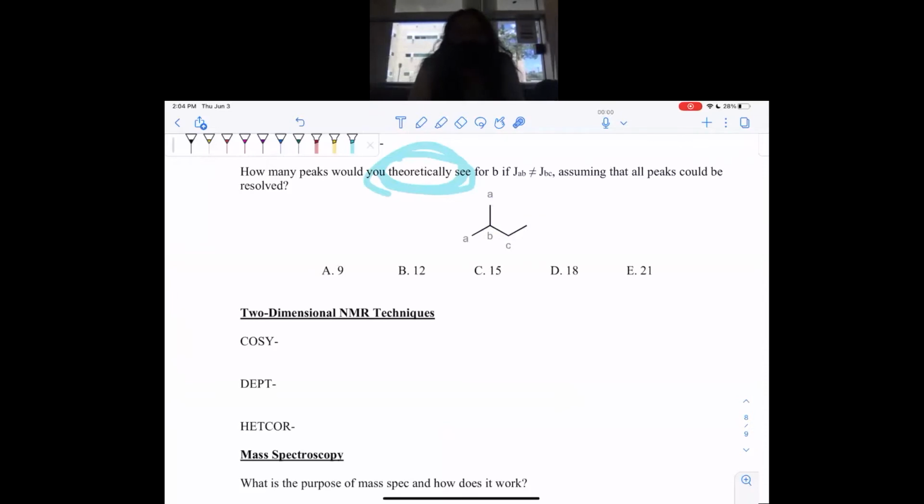But he's saying pretend they're not the same. So what is he really asking you? Pretend they're different hybridizations, exactly.